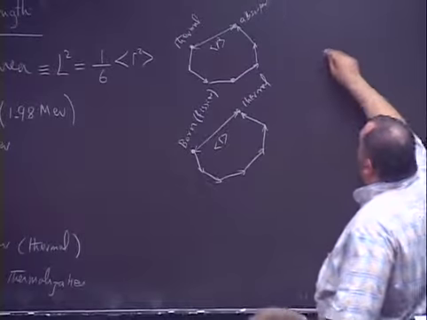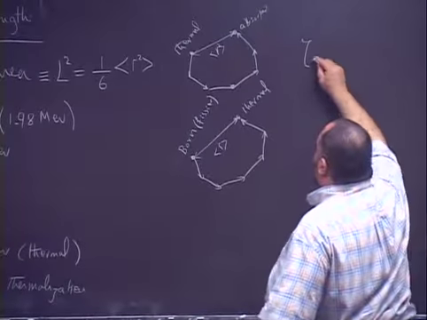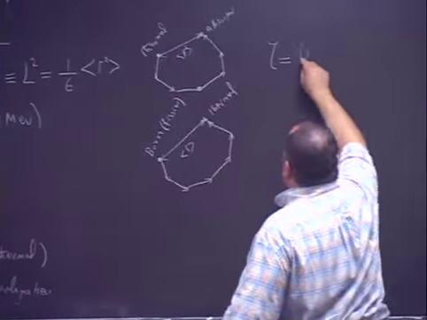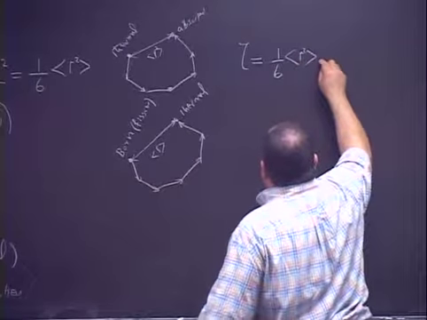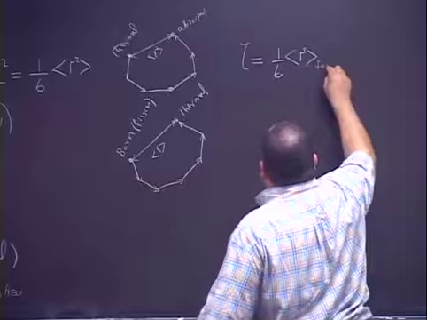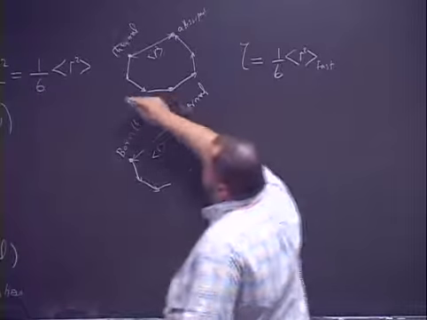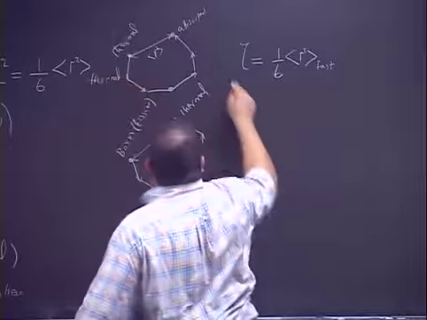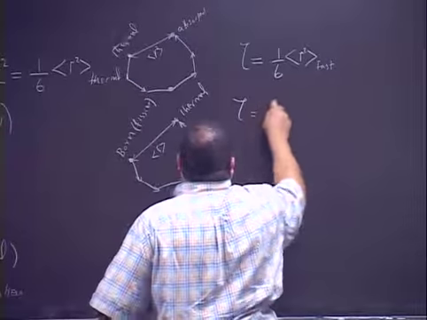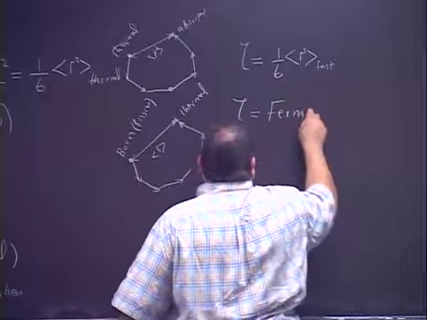Now we can define a new parameter called tau, and tau is 1/6 R squared average, but this is in the fast energy region, and this one in the thermal energy region. And this tau is called the Fermi age.